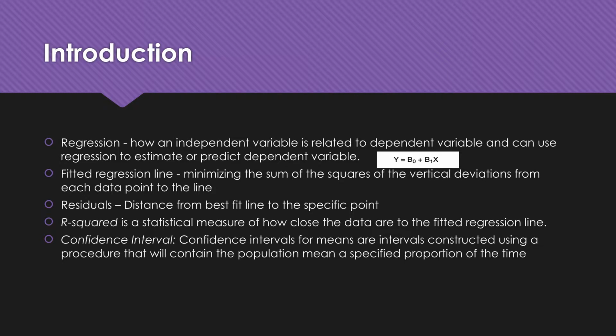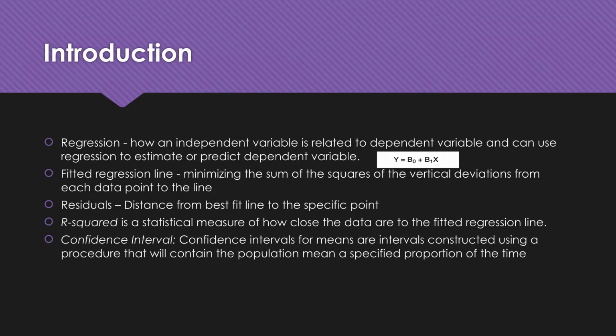And what is r squared? R squared is the measure of how close the data are to the fitted regression line. For example, if the data is just on top of the fitted regression line, that means a very high regression exists.